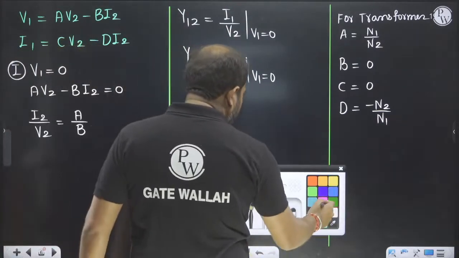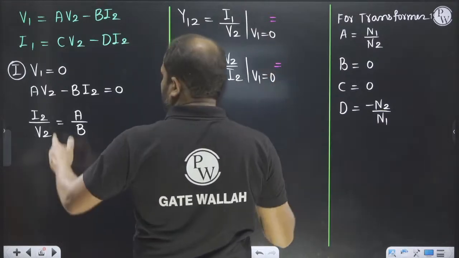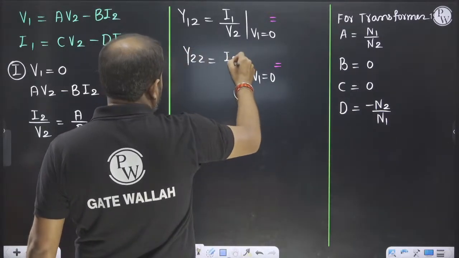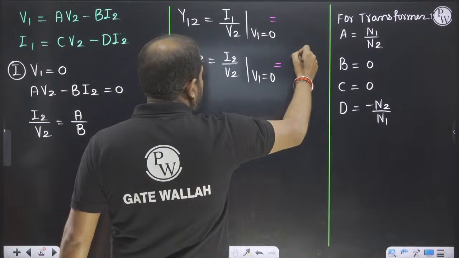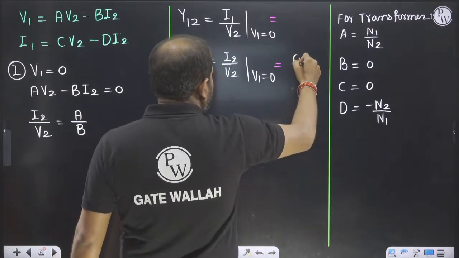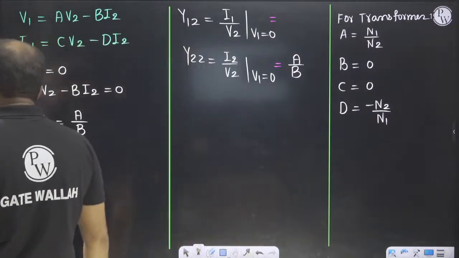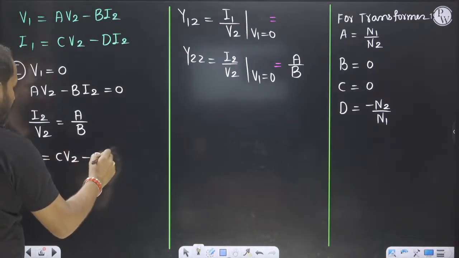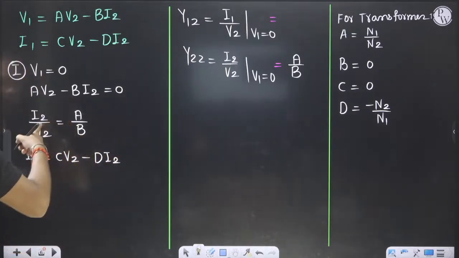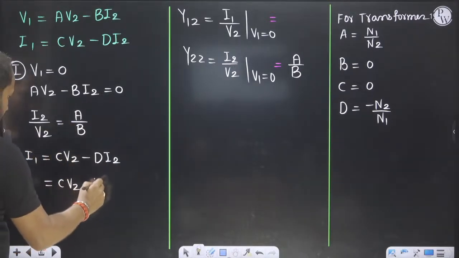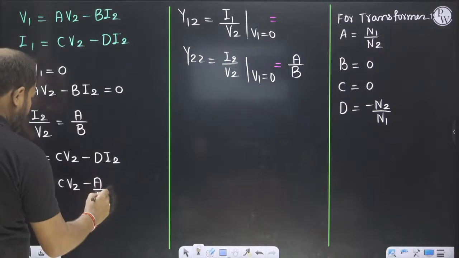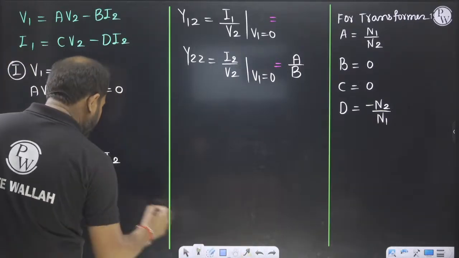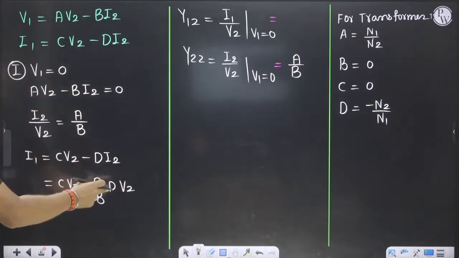Here I2 by V2 is A by B. For I1 by V2, I1 is equal to C V2 minus D I2, and I2 is replaced by A by B times V2.